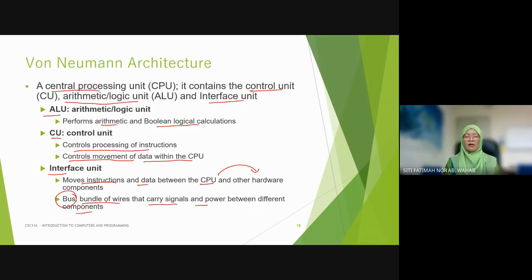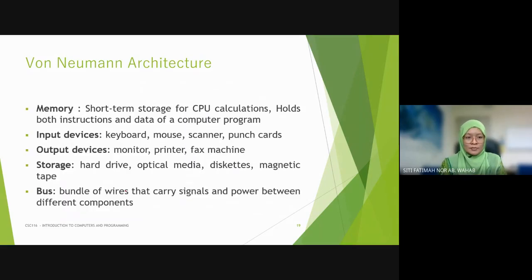But in a computer, the bus is not a vehicle, but a bundle of wires that acts as a vehicle to carry signals and power between different components, the components that you saw in the previous slide.